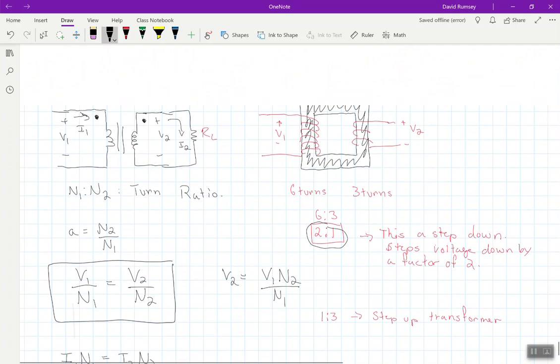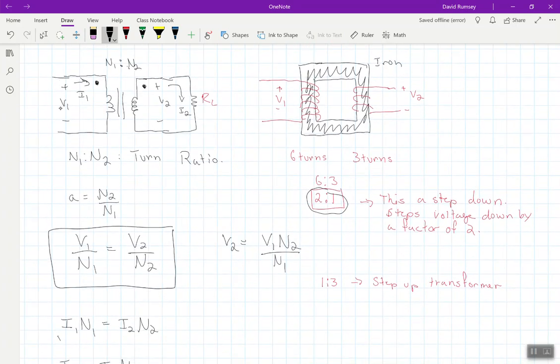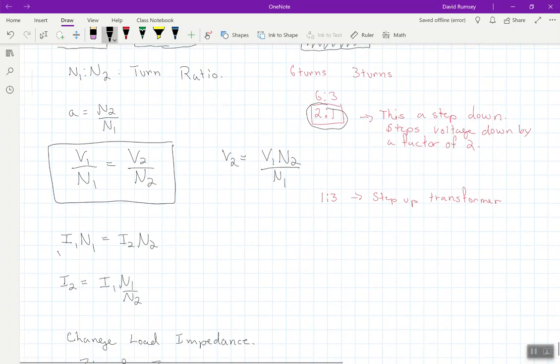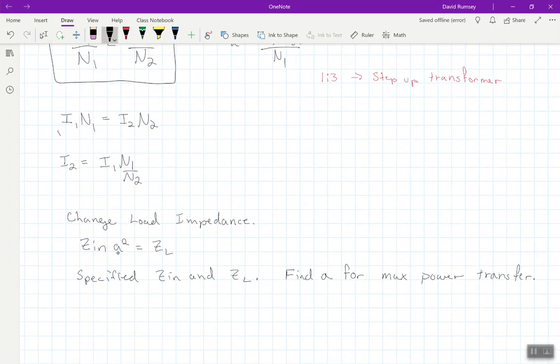Well, if we go back here, there might be, for instance, a 4,000 ohm impedance here, and maybe my load is only 8 ohms. I don't necessarily want to connect that 4,000 ohm directly to the 8 ohm, but I can use a transformer and solve for A. Let's do that. 4,000 ohms was my input, times A squared, which is equal to my output, which I said was 8 ohms.